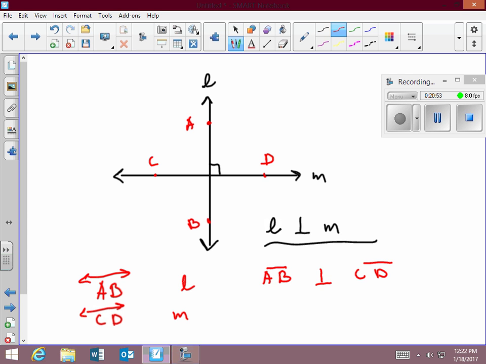Then you're just taking those segments. You can specify a lot of different things. This would be line segments. This would be an entire line, like these two would be entire lines.